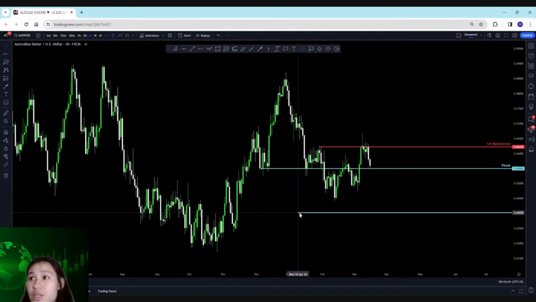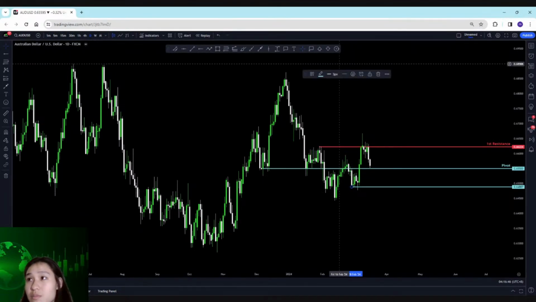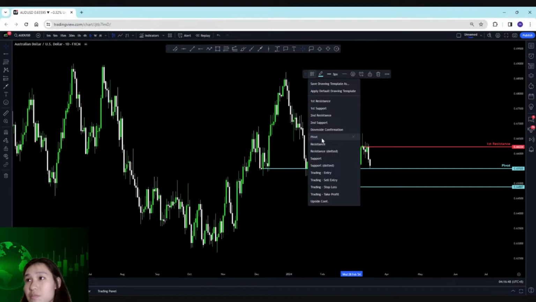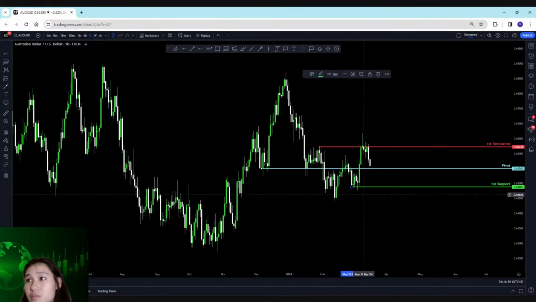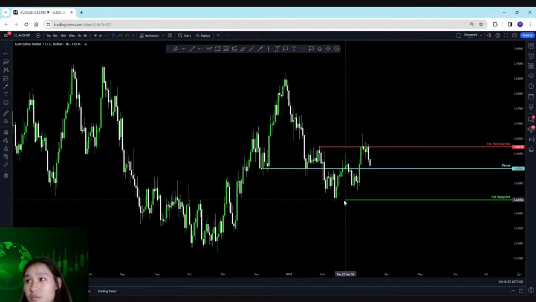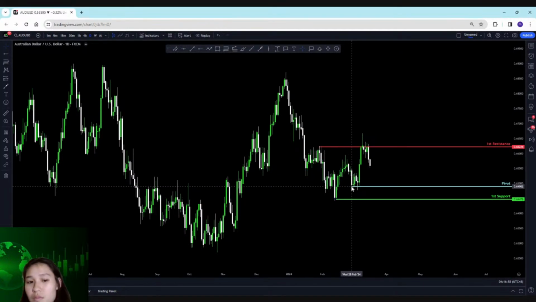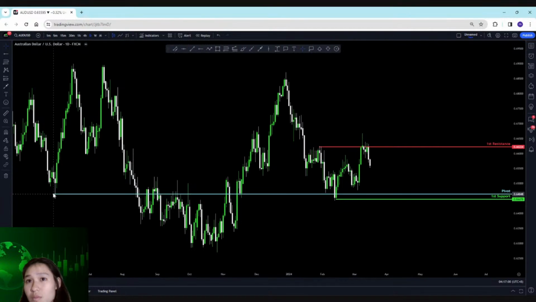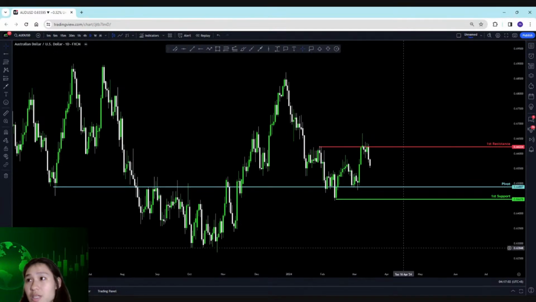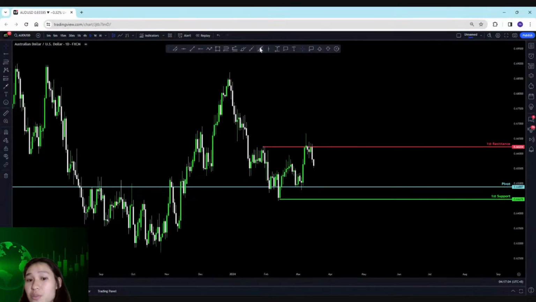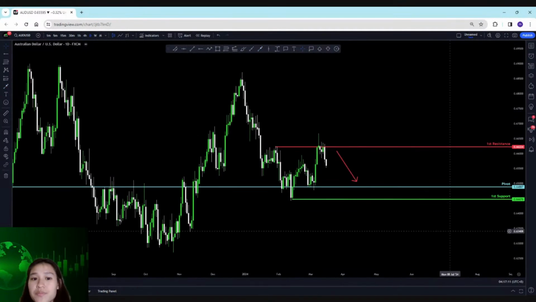And then my first support will just be here. I'm going to place it here instead because we're expecting price to drop from there, from our first resistance to our pivot.